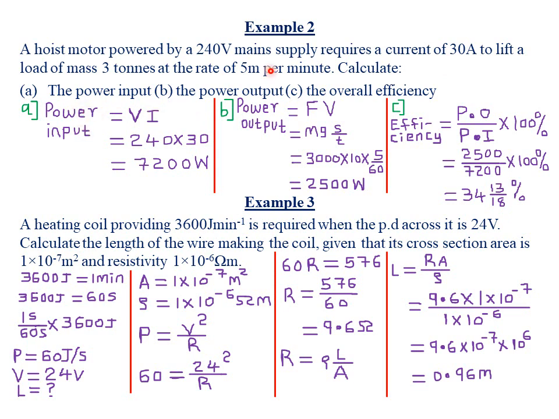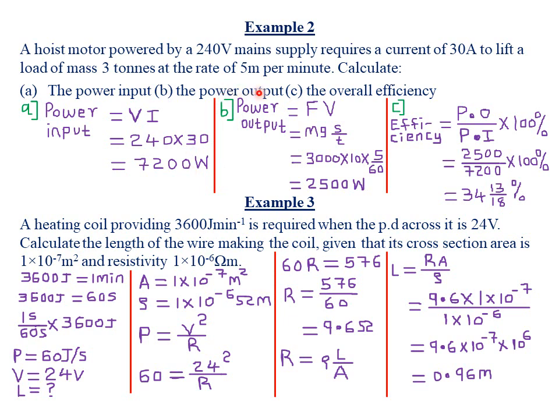Therefore, the power input is equal to VI, which is the product of the supply voltage, 240 volts, multiplied by the current required to lift that particular load, which is 30 amperes. So 240 volts multiplied by 30 amperes, you'll get a power input of 7,200 watts.